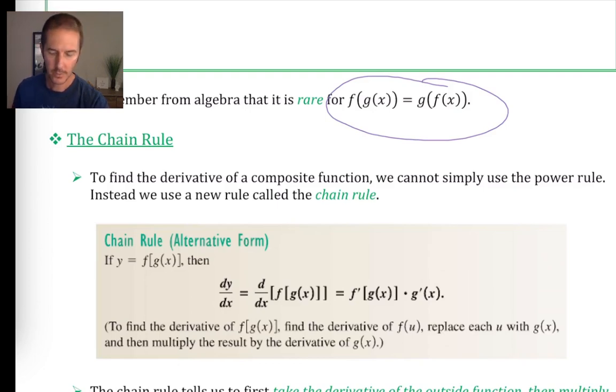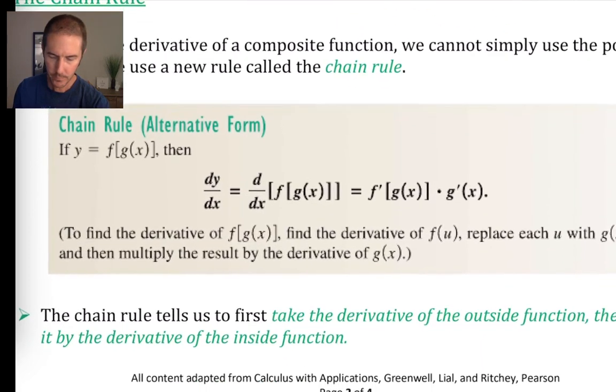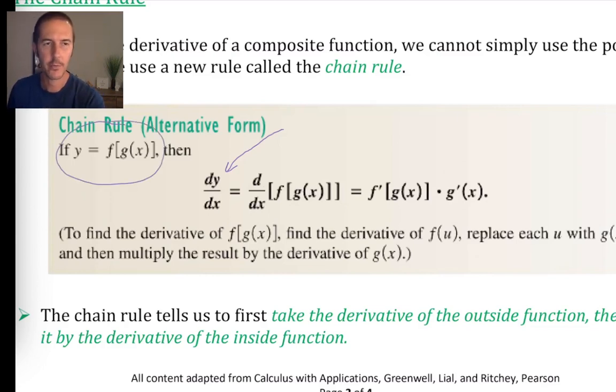And the chain rule gets implemented when you're working with composite functions. So here we're taking the derivative of y with respect to x. What's y? Y is a composition function, f of g of x. How do I take the derivative of a composite function?